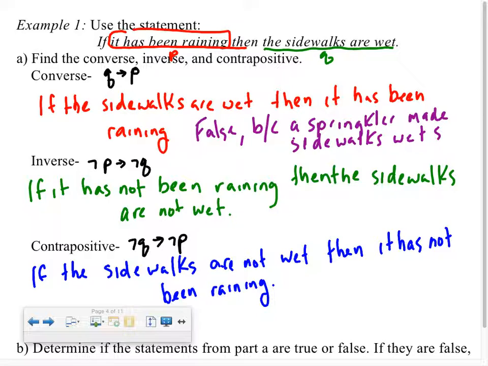Again, false. For the very same reason as above. And the contrapositive, if the sidewalks are not wet, then it has not been raining. A little tougher to think about, but that's actually true.